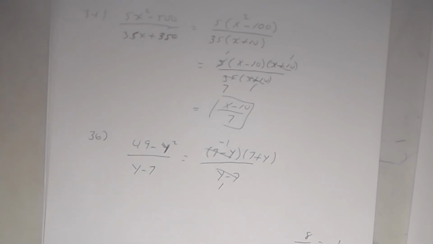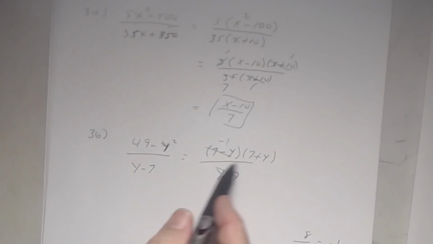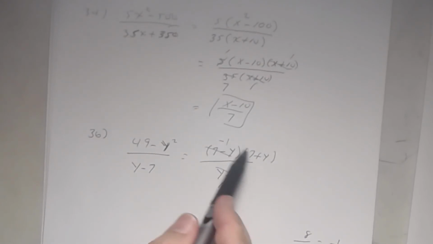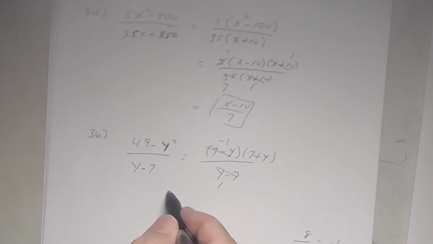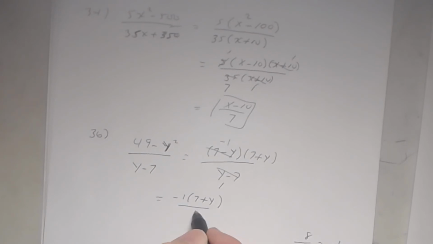The next factor you see is 7 plus y. Is there a 7 plus y down there? No. So you see it's negative 1 times this, right? In your mind, you have negative 1 times 7 plus y, divided by 1. Let's get rid of the parentheses. Distribute. What's negative 1 times 7?